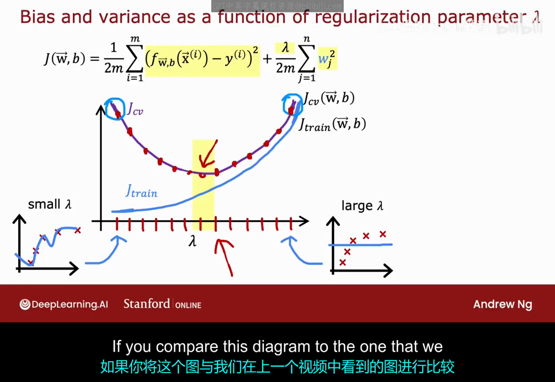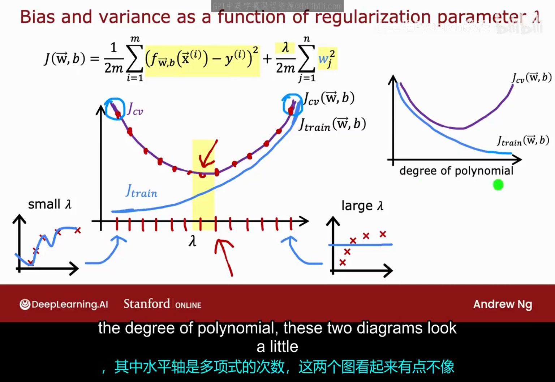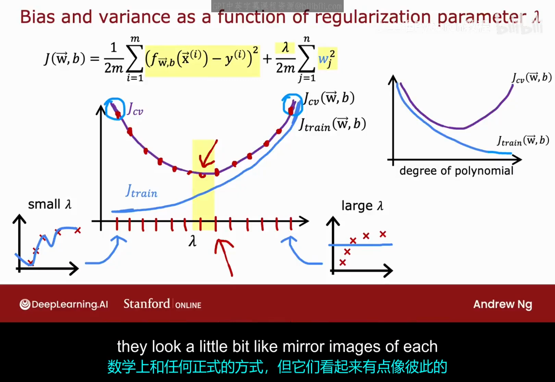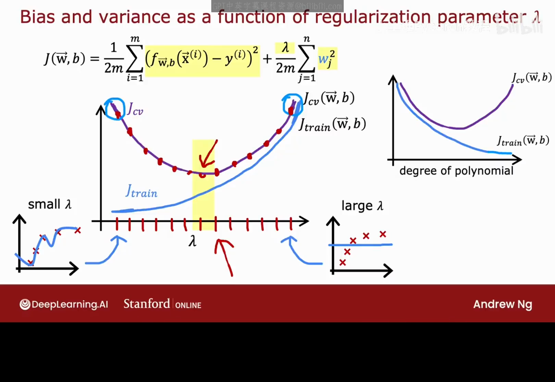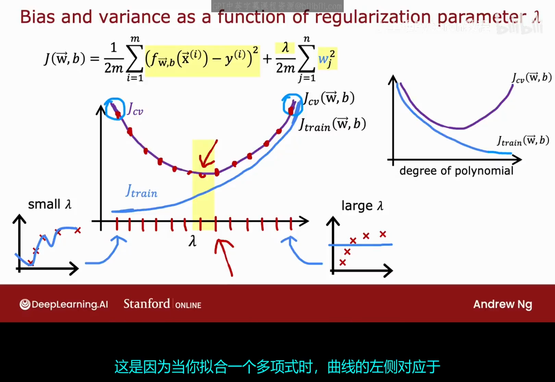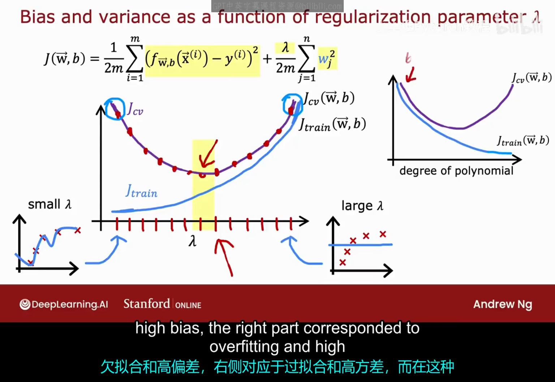If you compare this diagram to the one that we had in the previous video, where the horizontal axis was the degree of polynomial, these two diagrams look a little bit, not mathematically and not in any formal way, but they look a little bit like mirror images of each other. That's because when you're fitting a degree of polynomial, the left part of this curve corresponded to underfitting and high bias.